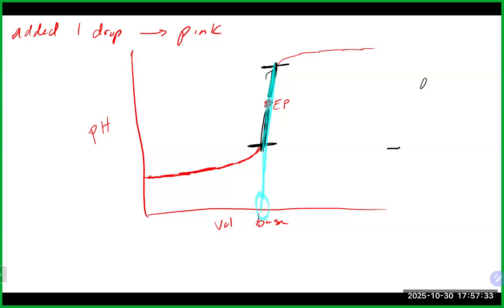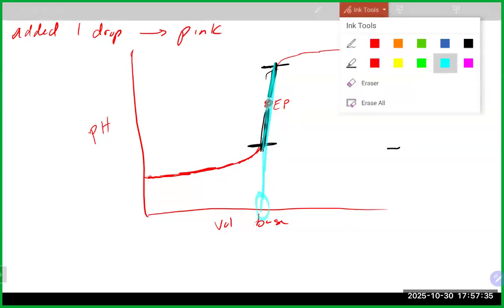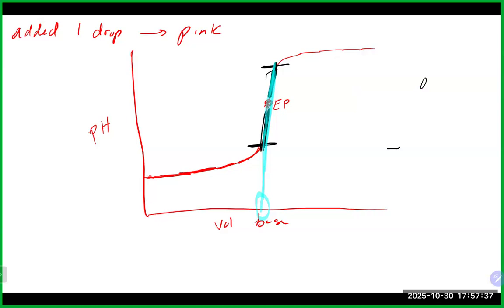But what is changing a lot as you approach the equivalence point is the pH, right? The pH goes from here to here. So there's a big change in the pH as you approach the equivalence point with not a lot of volume added. So you literally could add one drop and see it go from no color to super dark pink.